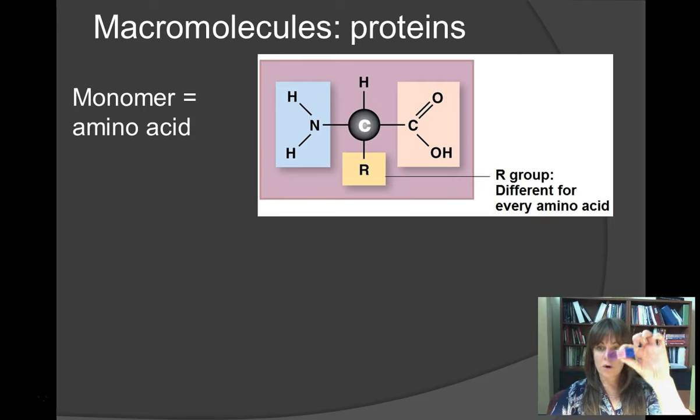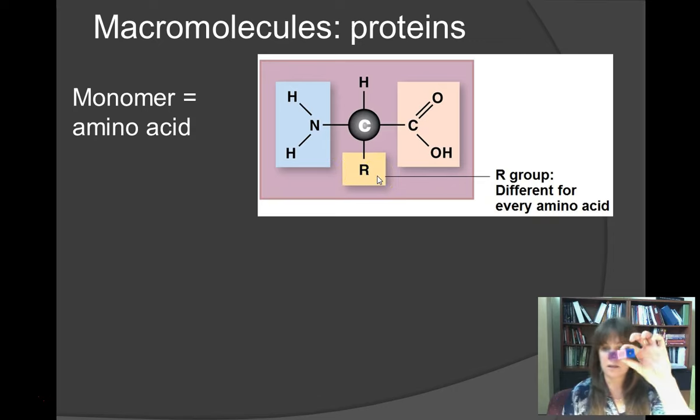This is the same for all 20 amino acids. Now each of these amino acids is going to have something different hanging off of it. And that's just called R generically by saying it has a different group hanging off.